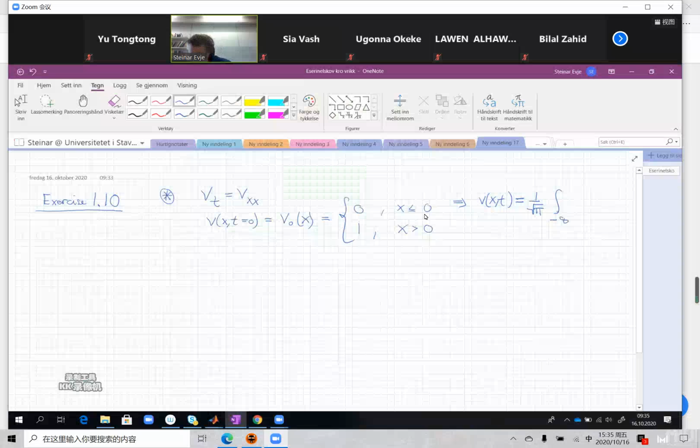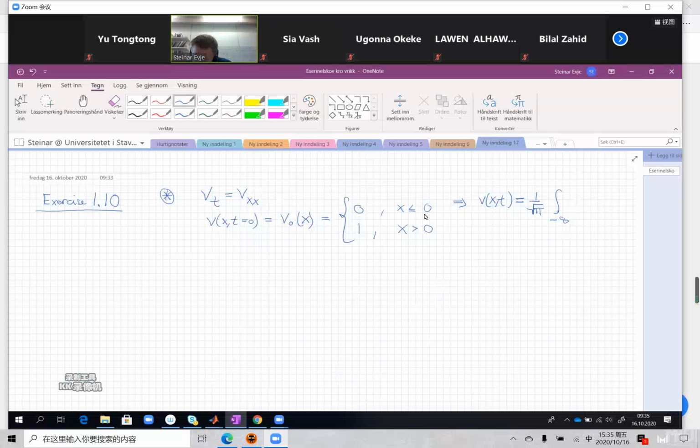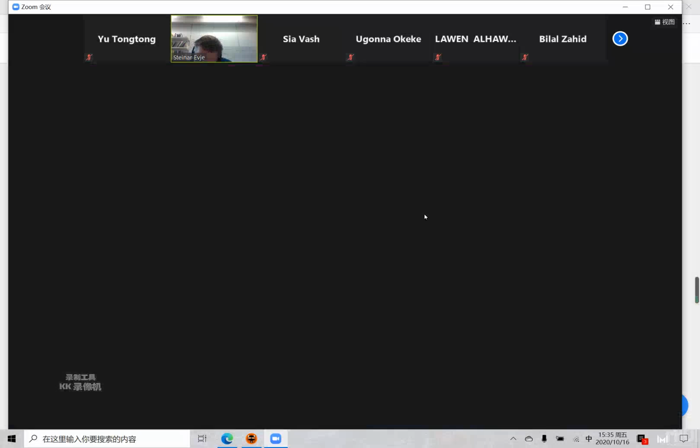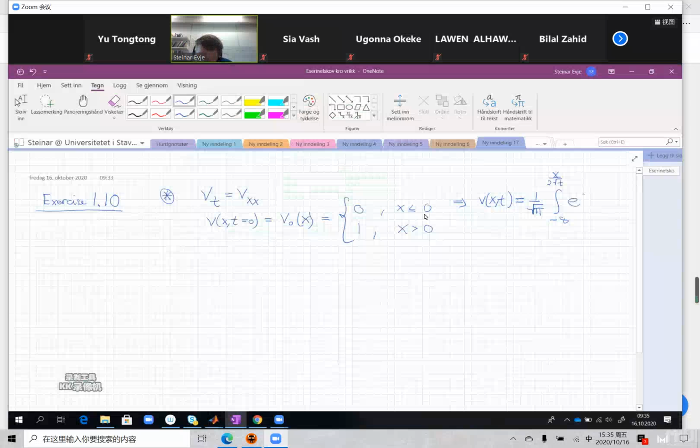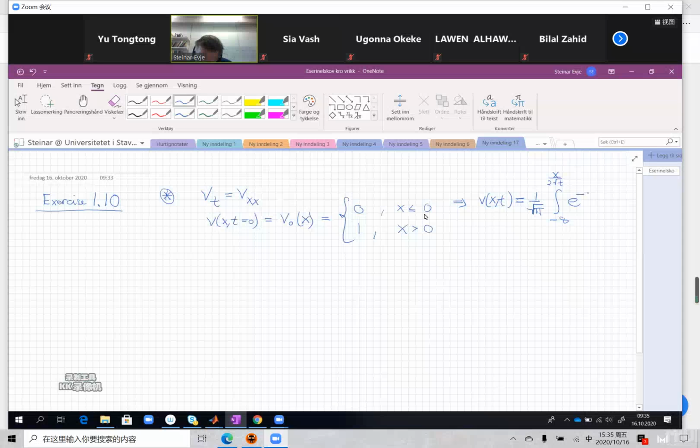This is explained in detail in one of the lectures, that an expression for this solution is 1 over square root of pi, and then the integral from minus infinity up to x over 2 square root of t, with argument exponential function of minus theta squared.